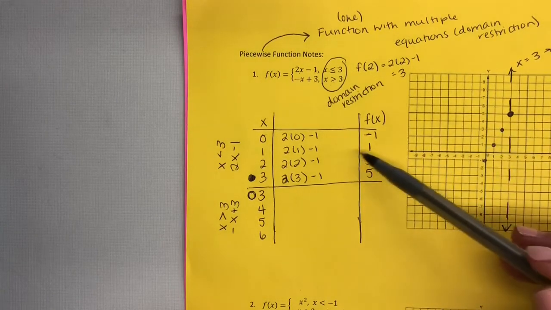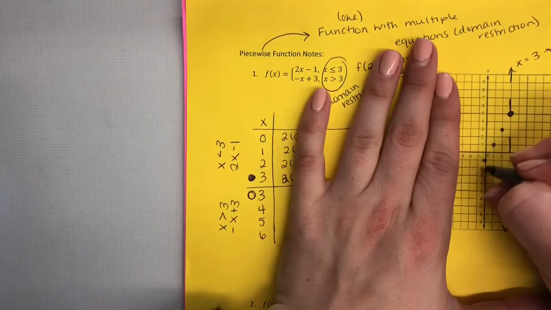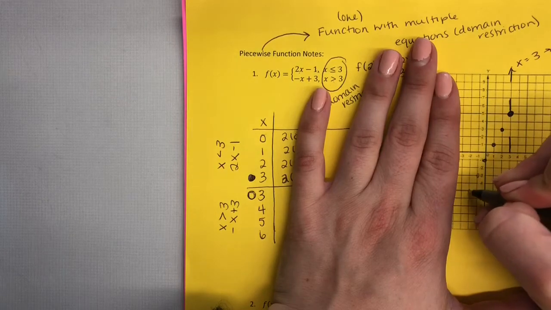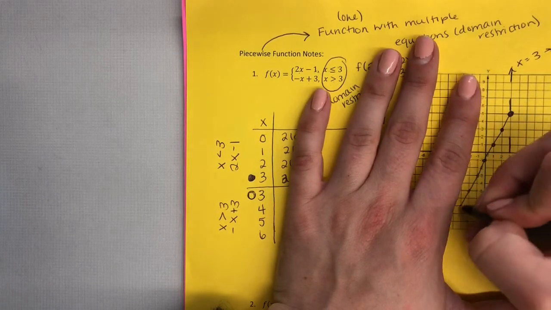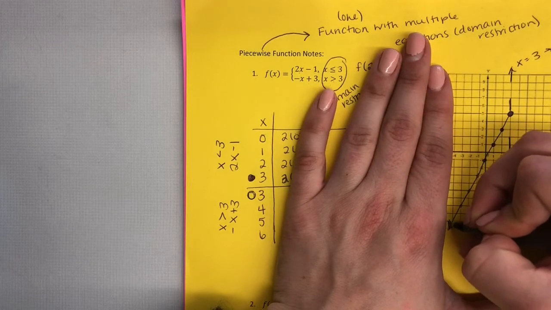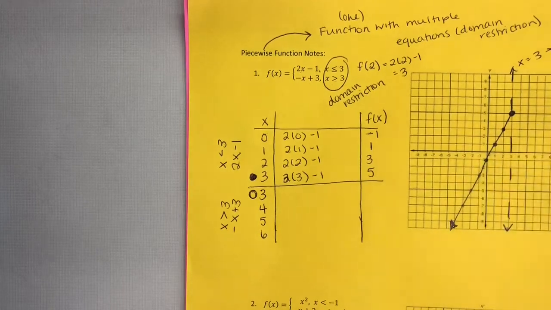And this is when x is less than 3. So that's less than, so left. So I wanna keep this going to the left because the left side is when the x values are less than, and that's where this part of my equation would continue to the left, okay?